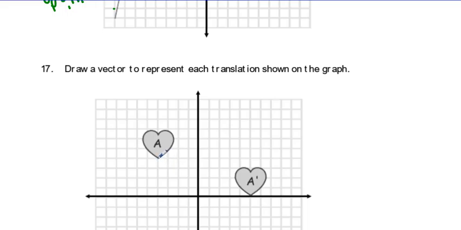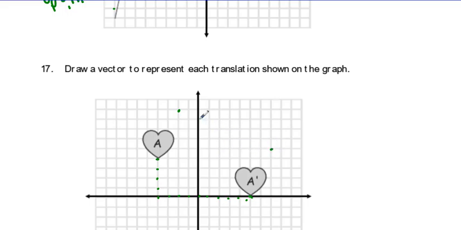Well, I would figure the distance from here to here and the direction. To go from this bottom point to the bottom point, this is A, this is A prime, I need to move down 1, 2, 3, 4, and to the right, 1, 2, 3, 4, 5, 6, 7, 8, 9. So I can draw my vector anywhere as long as I go 4 down and 9 to the right.